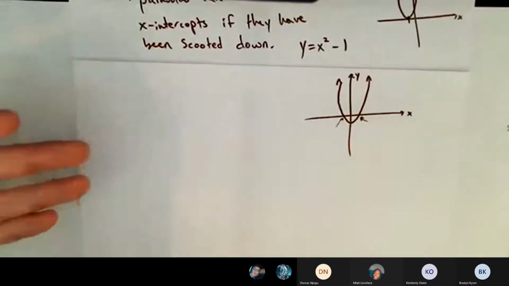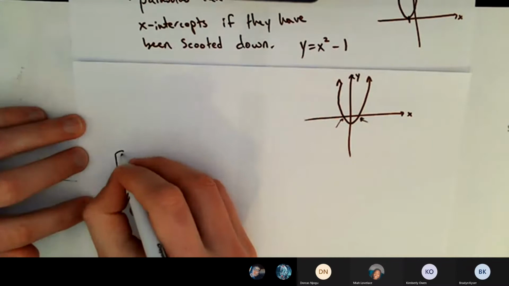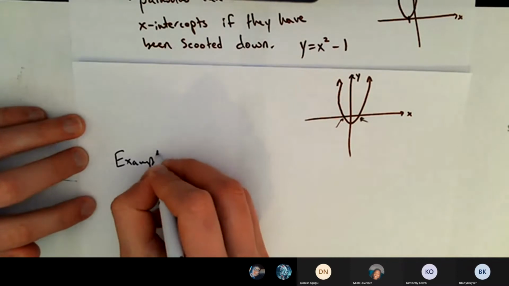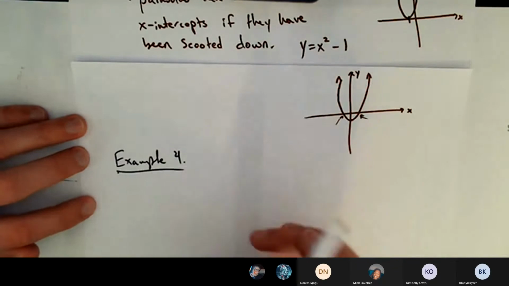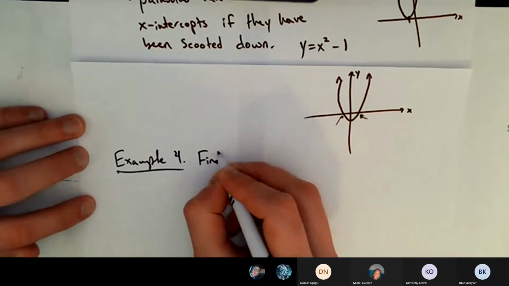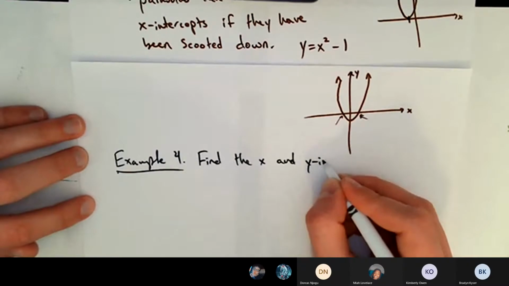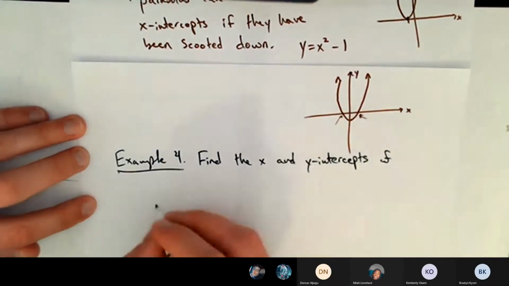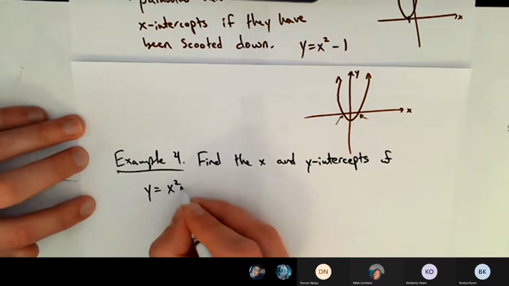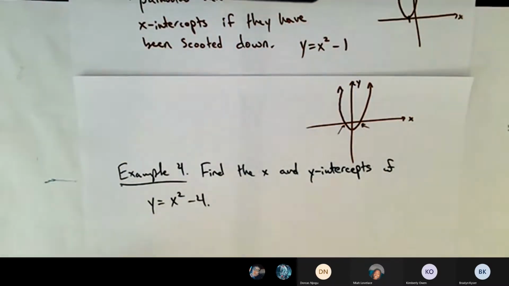So, as another quick example with another parabola, let's not worry about graphing this one. Let's just find the x and y intercepts of y is equal to x squared minus 4. So we should expect two x-intercepts.